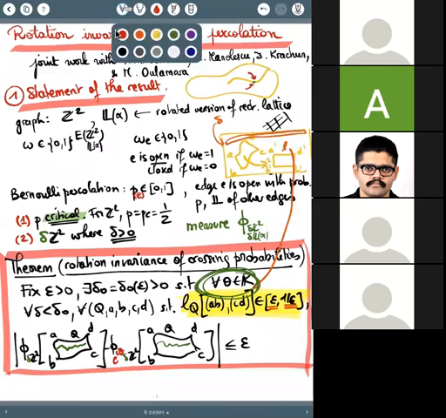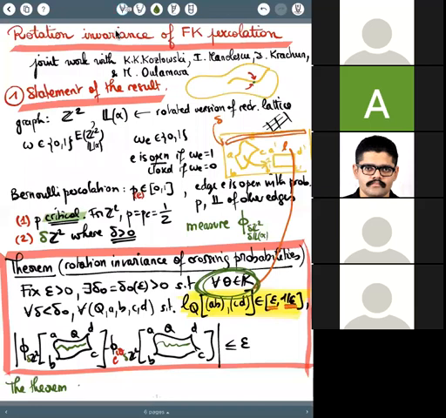The second thing is that, in fact, the theorem generalizes to all FK percolation models, all the Fortuin-Kasteleyn percolation. So Bernoulli percolation is only one example of a large class of percolation models. In this large class, there is a bunch of models that undergo what we call a continuous phase transition, and for these models, we can extend the theorem.